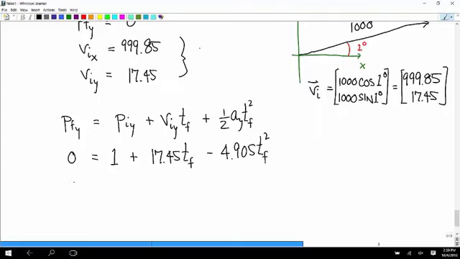And I'm going to rewrite this as a hint of how to solve this. So negative 4.905 Tf squared plus 17.45 Tf plus 1. Yep, how do you solve this?